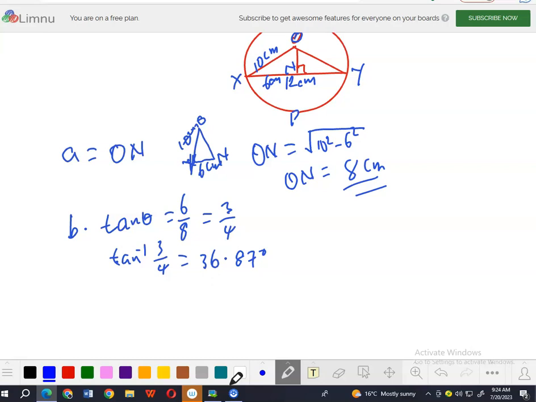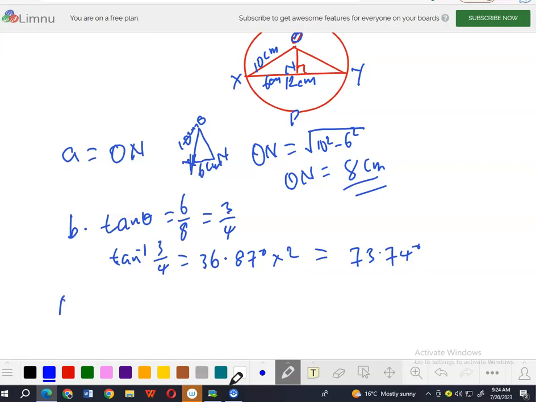So multiply this by 2 to get the bigger angle, which will be 73.74 degrees.